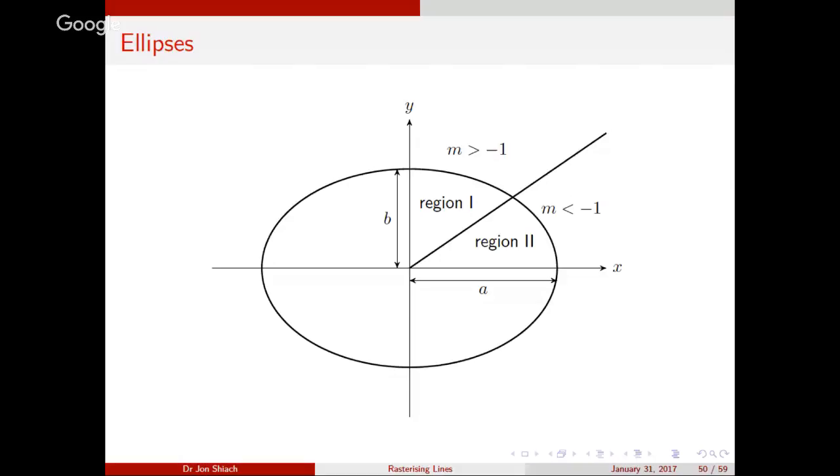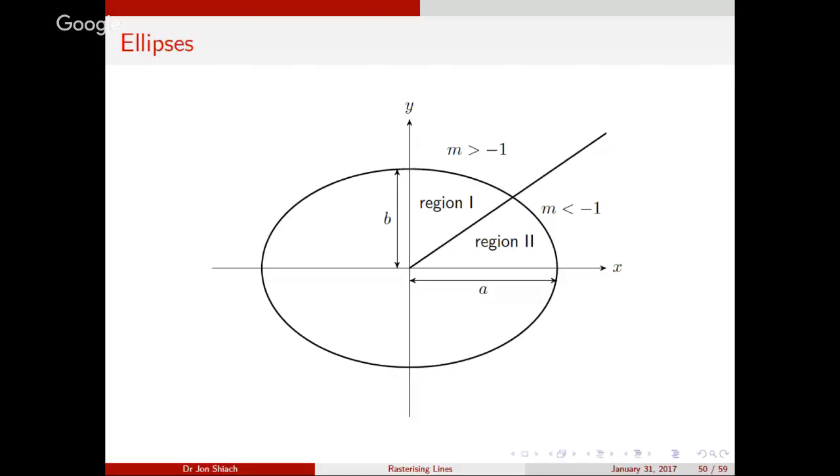Okay, A is a major radius, B is the minor radius, whichever one's bigger, the major and minor. Okay, to draw an ellipse, what we do is we split it up into two regions, or we can't use 8-way symmetry as we did with the circle. We've only got 4-way symmetry.